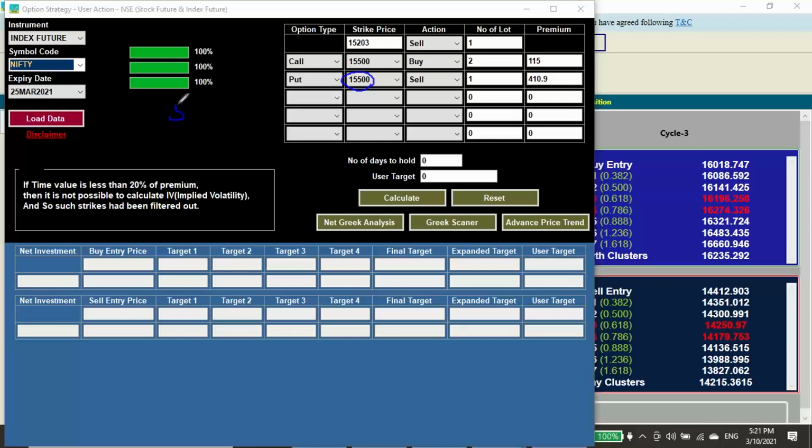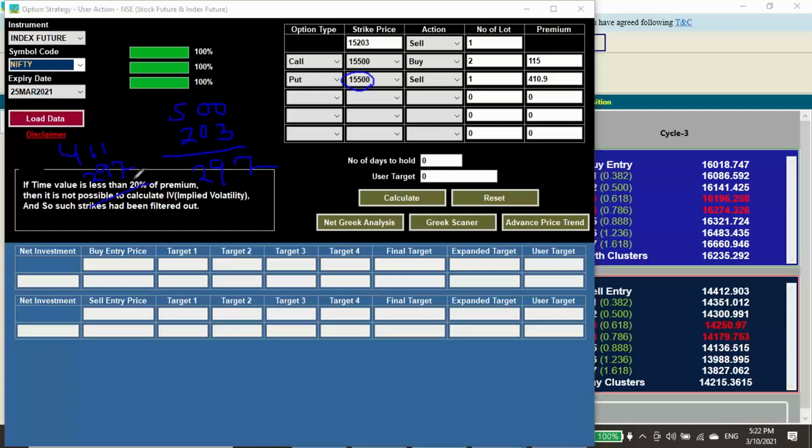So 500 minus 203 gives the intrinsic value of the option, which is 297 rupees. If I subtract that 297 from the 411 rupees, I can get the time value.